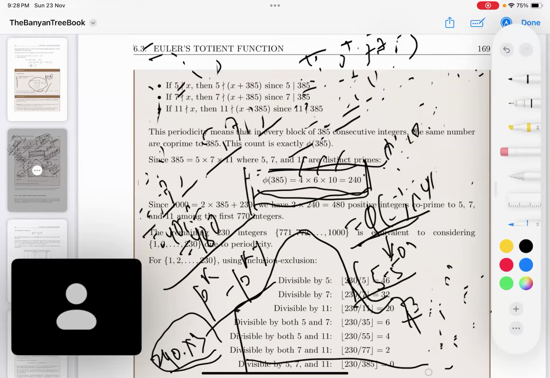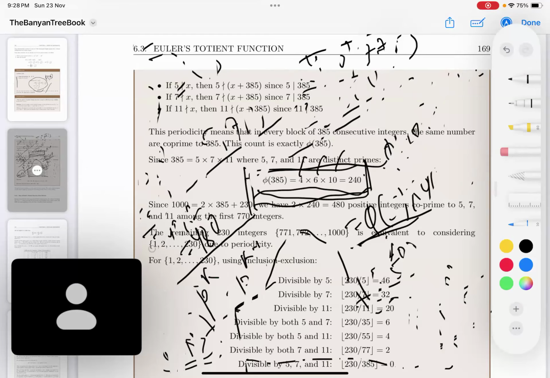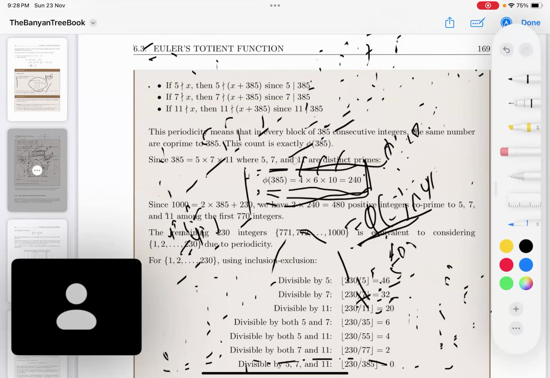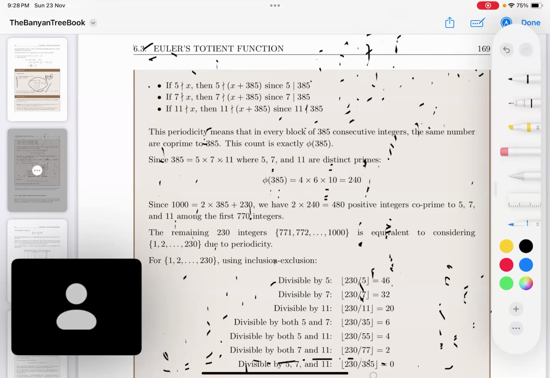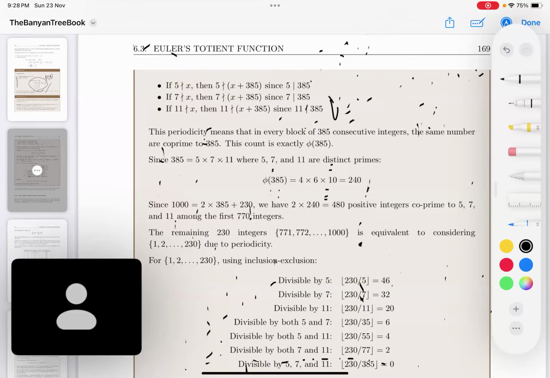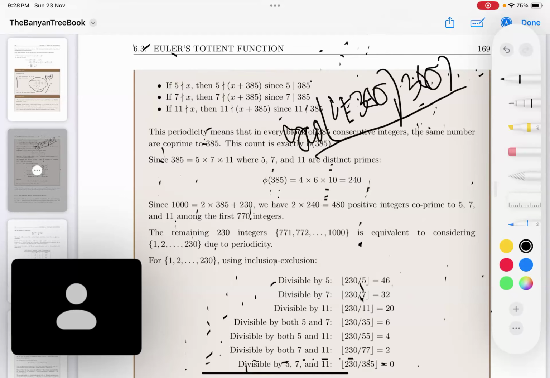So what does this tell us about congruence? Look at this. We are saying GCD of I plus 385, comma 385, remains the same.